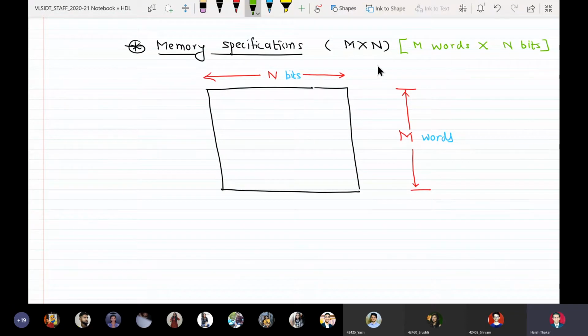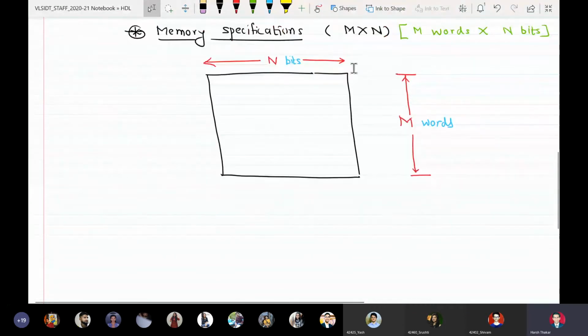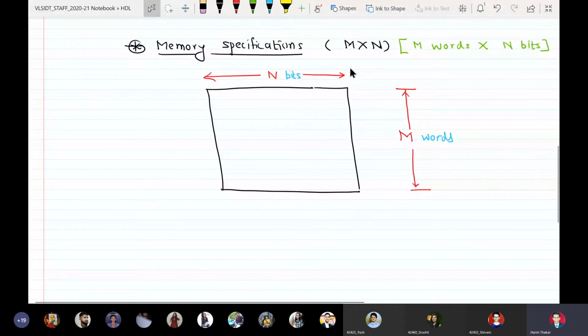That is why we say that the total capacity of memory, which is expressed in bits, is equal to m words multiplied by n bits per word.